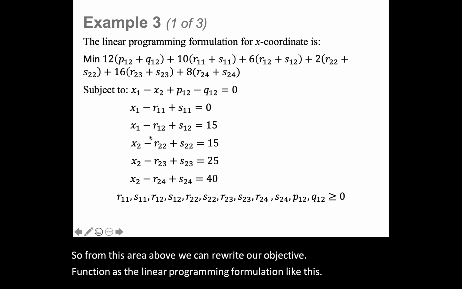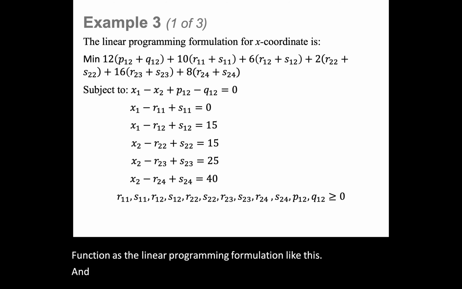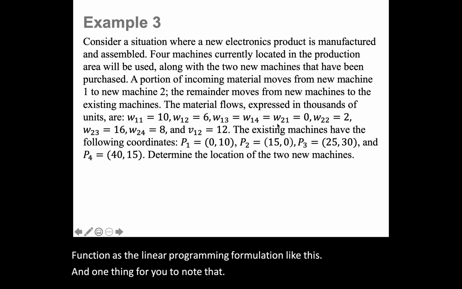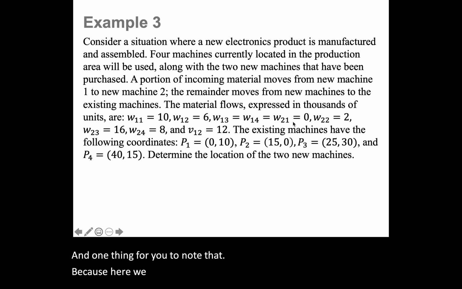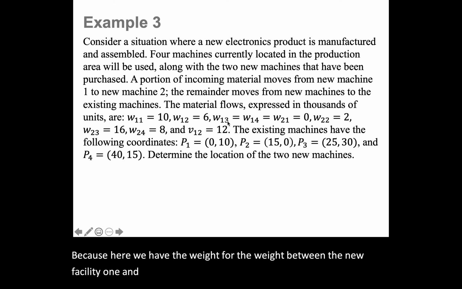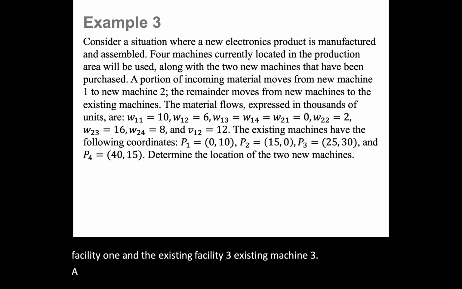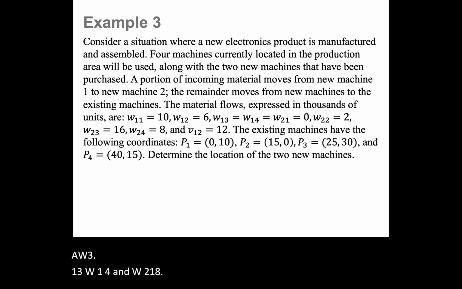One thing for you to note is that the weights between new facility 1 and existing machine 3, W13, W14, and W21, are equal to 0.